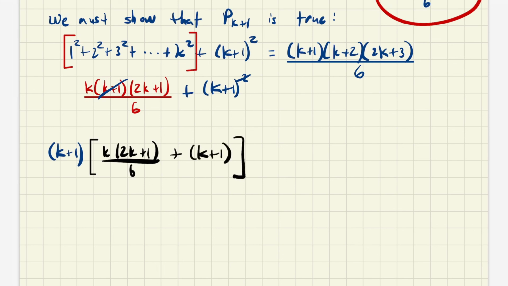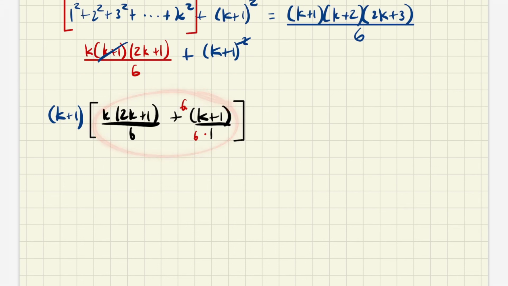Now I can put this over 1, multiply top and bottom by 6 to combine those into one single fraction. So this is going to make our lives much easier. So we have k plus 1, and then in the bracket we're going to have, distribute. You're going to have 2k squared plus k plus 6k plus 6 if you distribute, all over 6.